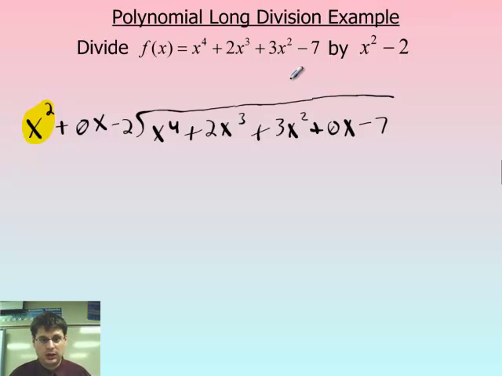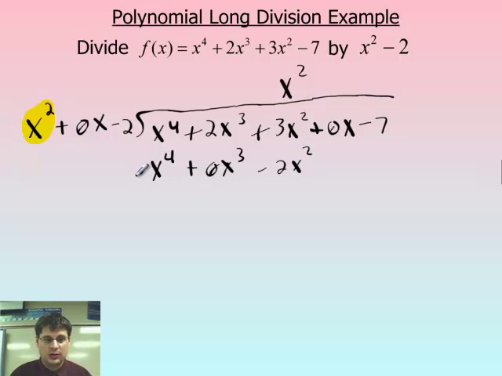So over the x squared here, we're going to put in x squared. So x squared times x squared gives me x to the 4th. Now everything in the divisor needs to be multiplied by x squared. So that's going to be 0x becomes 0x cubed, minus, and then 2 times x squared is 2x squared.